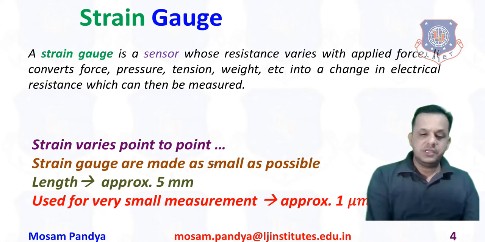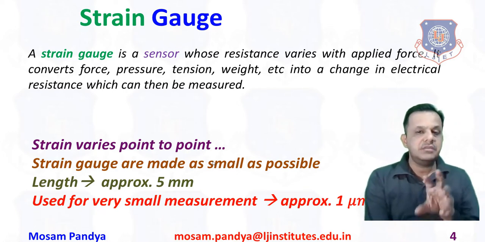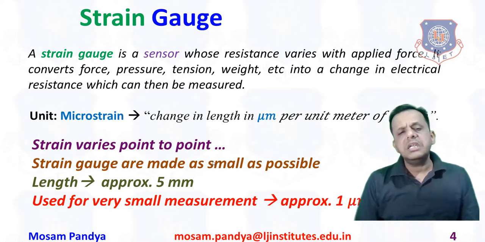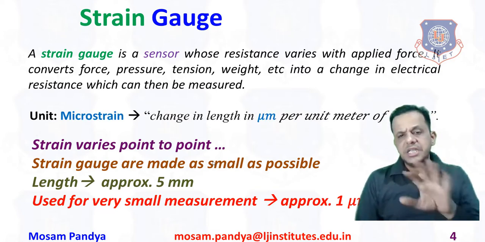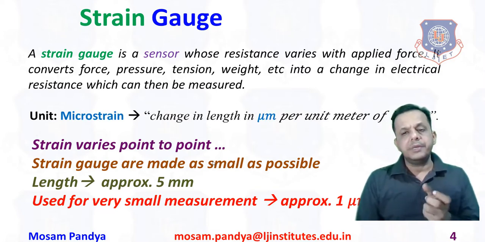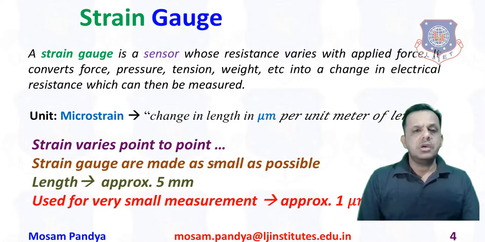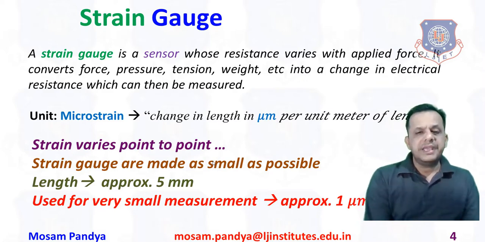Very sensitive material is used, within the elastic limit of the material, and the unit is microstrain, where the change in length in micrometers per unit meter of length. This is a very standard term when we talk about strain gauges.